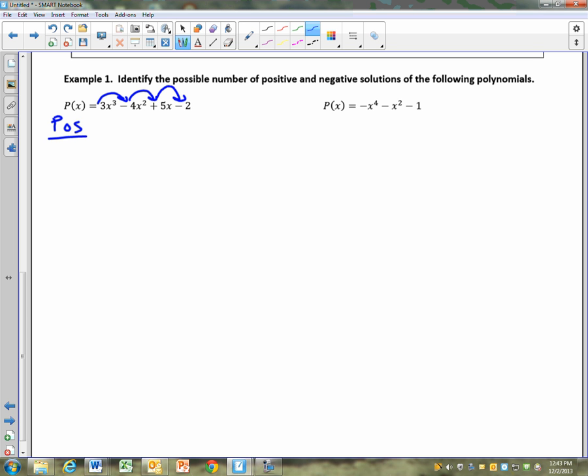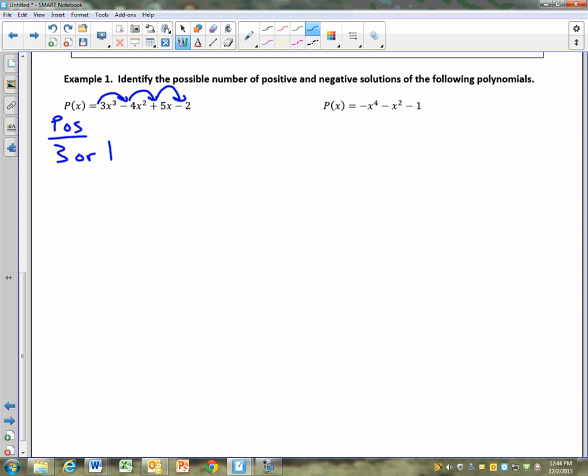So how many sign changes do I have? 3. So there could either be 3 or less by a factor of 2. So I subtract off 2. 3 or 1. That's the number of sign changes you get. Or that's the number of positive real solutions you have.